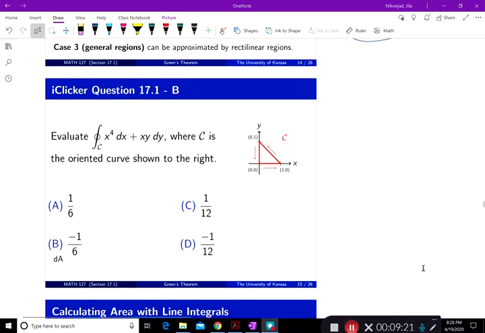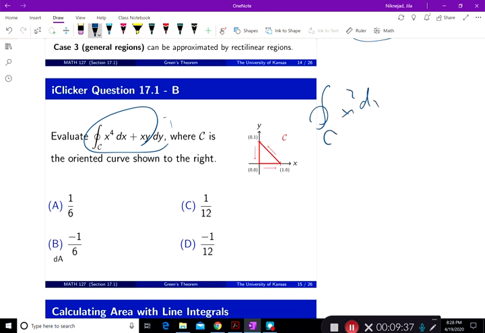Okay, so one way is to parameterize each piece. One way is to use this and divide it into three pieces: C1 plus C2 plus C3, where C1 is this, C2 is this, C3 is this, and parameterize the line segments and figure out the integral and compute.